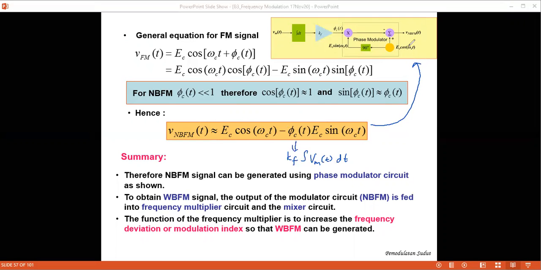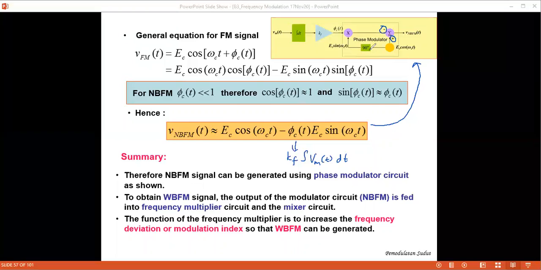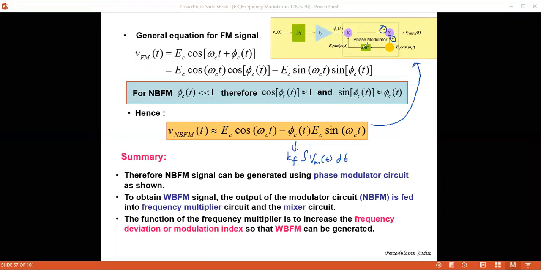We have our EC cos omega CT plus here, then another one minus over here. This is the part where we have phi-CT EC sine omega CT. Here we apply a 90-degree phase shift, so it becomes EC sine omega CT.